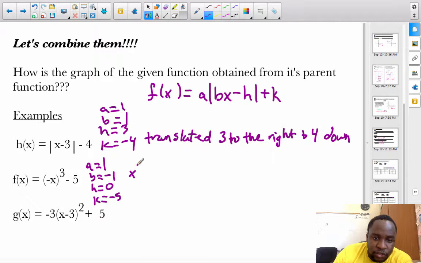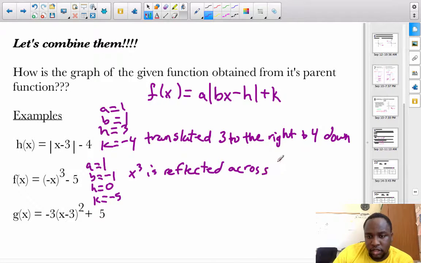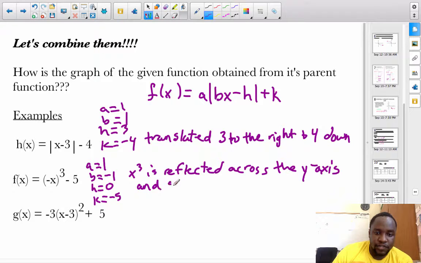So x cubed is reflected across the y-axis, and shifted or translated down 5.